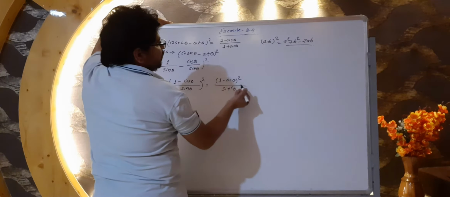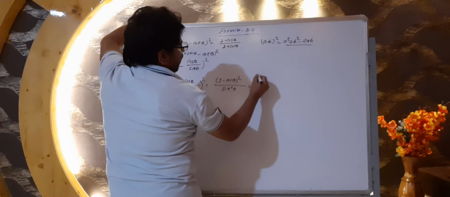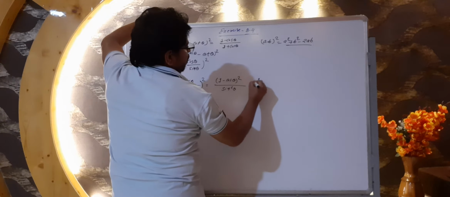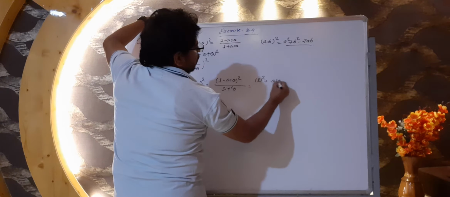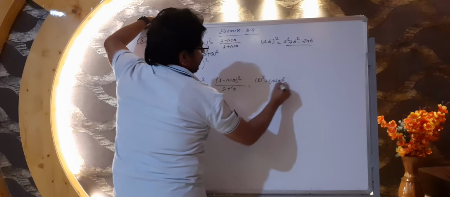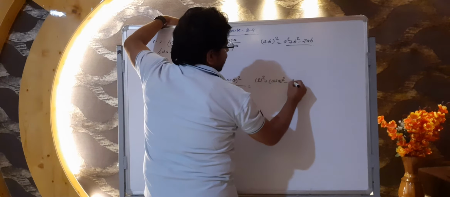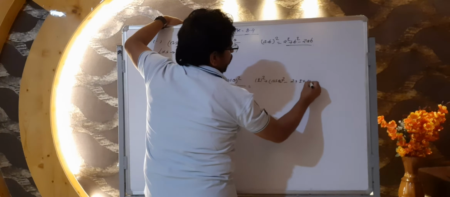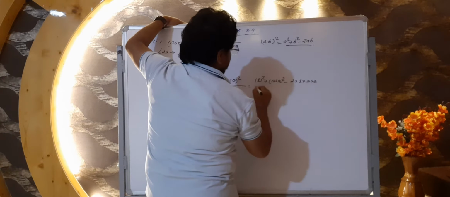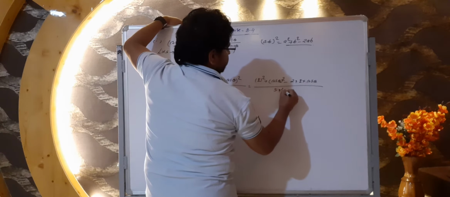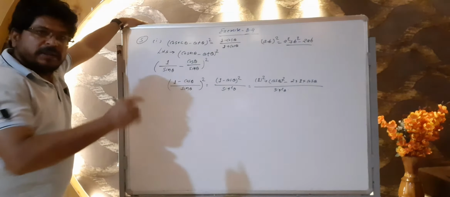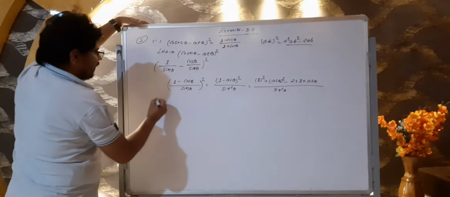This is a, this is b. So what can we write? A square means 1 square, plus b square, it means cos theta whole square, minus 2ab, 2 into 1 into cos theta, and what is written here, we write the same, sin square theta.